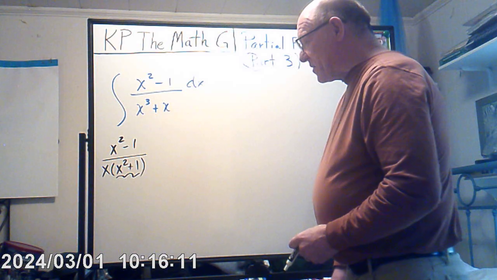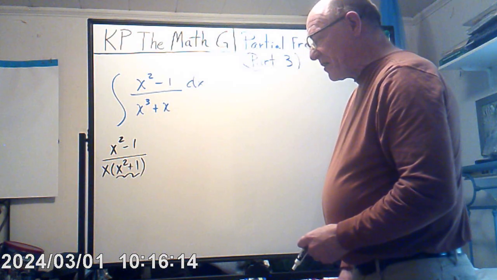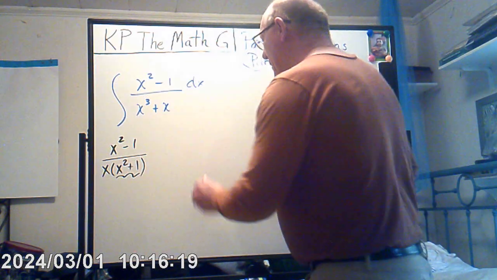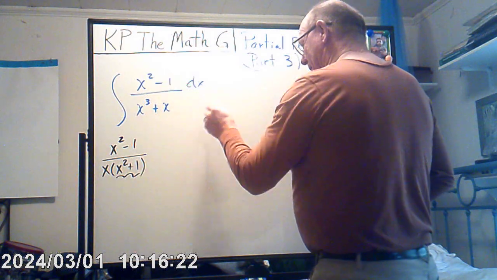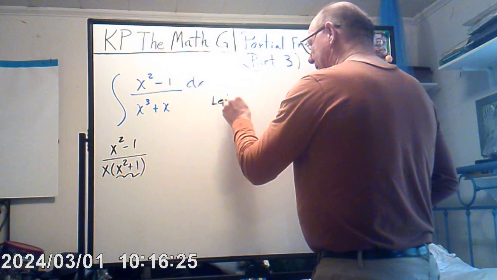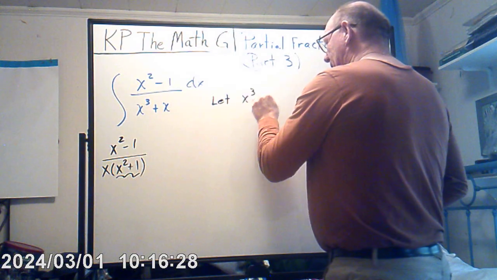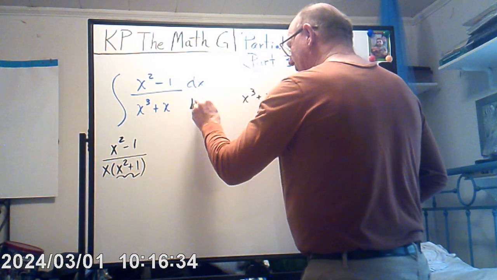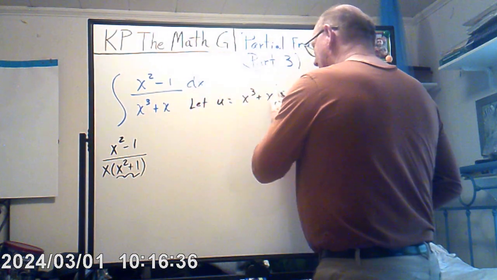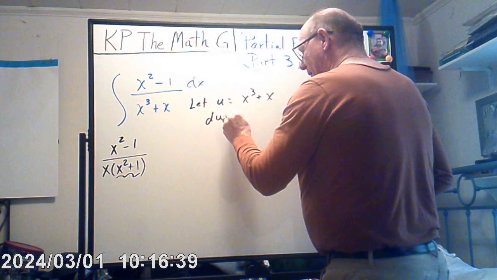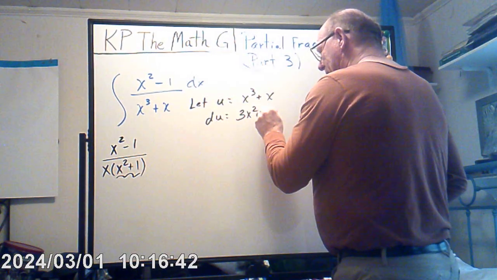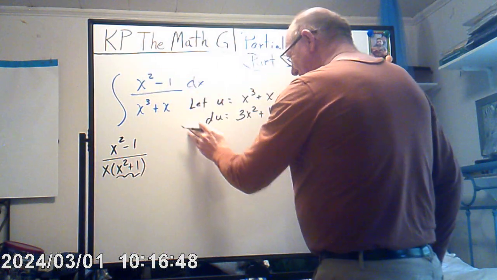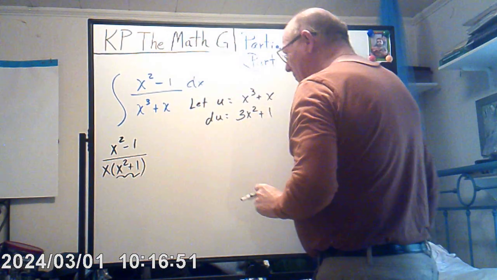x squared minus 1, yeah, but that's x squared plus 1, so we cannot do that. Neither can we do this. Thinking maybe we might get this, let u be equal to x cubed plus x. Then of course du is 3x squared plus 1, and that doesn't mean you can divide by 1/3 and still have x squared plus 1 there.